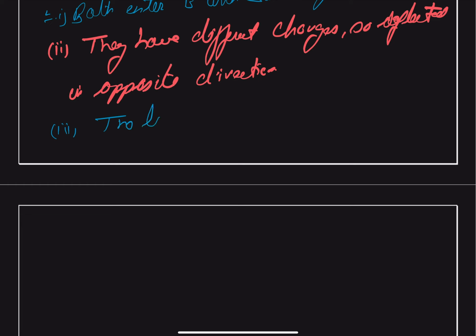They leave the magnetic field with the same angle theta, and the velocity will also be the same. Input velocity will be equal to the output velocity.